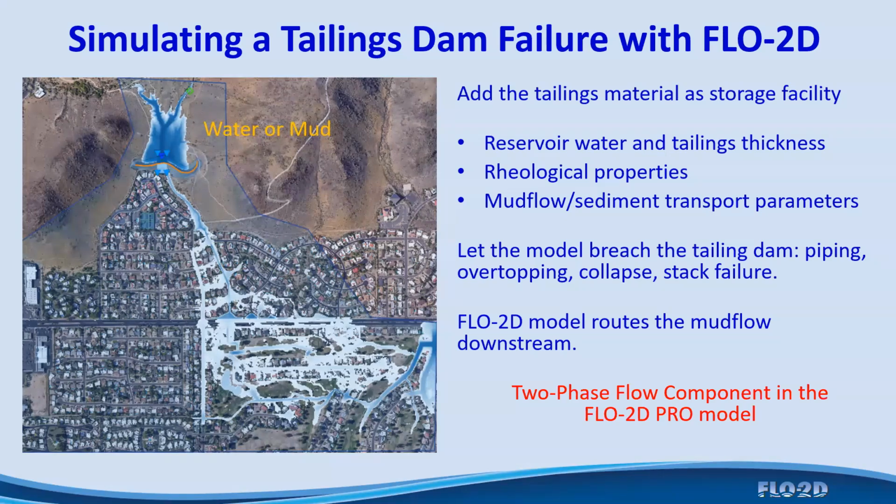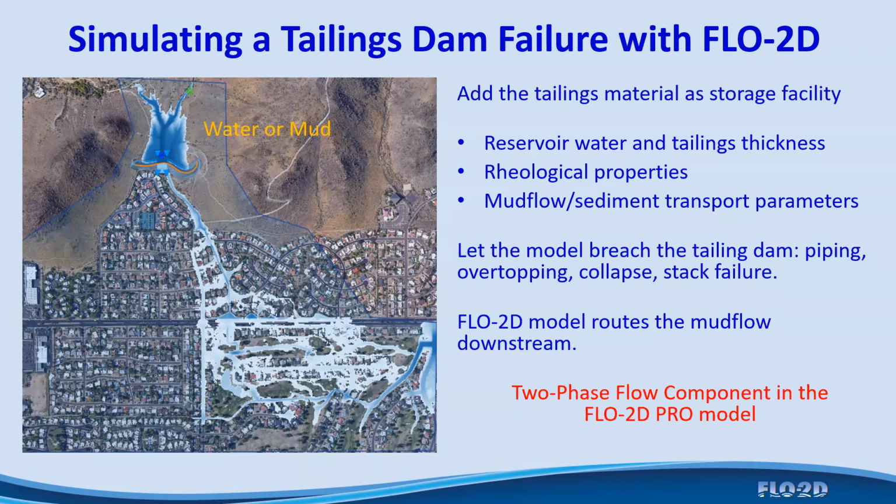And this is something that makes the FLO-2D two-phase flow component a pretty unique product, since other commercial software using other tools to simulate tailings dam failures do not have this capability. Also, the mud flow concentration by volume varies in the two-phase flow by grid element and time.